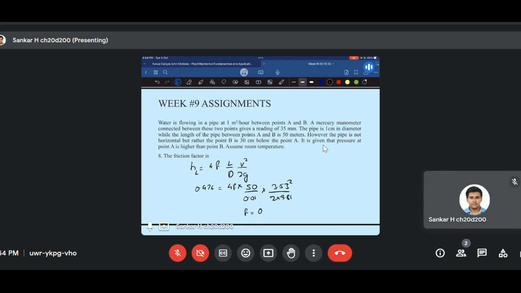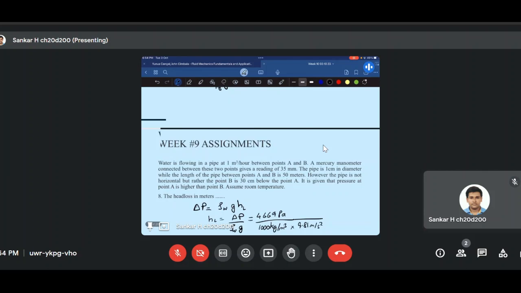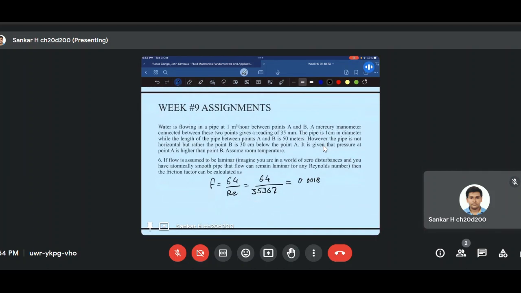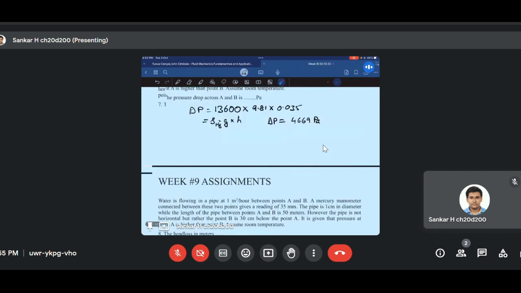And the answer would be 0.0003725. See, this is quite different from the Fanning's friction factor that we obtained in question number 6, where we got 0.0018.